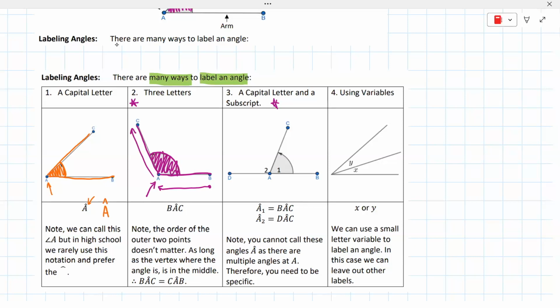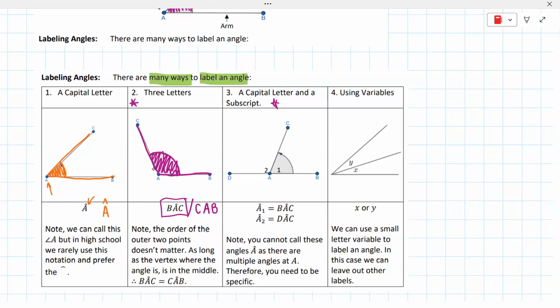Started at B, went to A, which is where the angle is, and then up to C, which creates my angle. You could have labeled it the other way, so the order isn't very important. You could have gone C, A, B. What is important though, guys, is that the letter in the middle is always the letter where the angle is created.